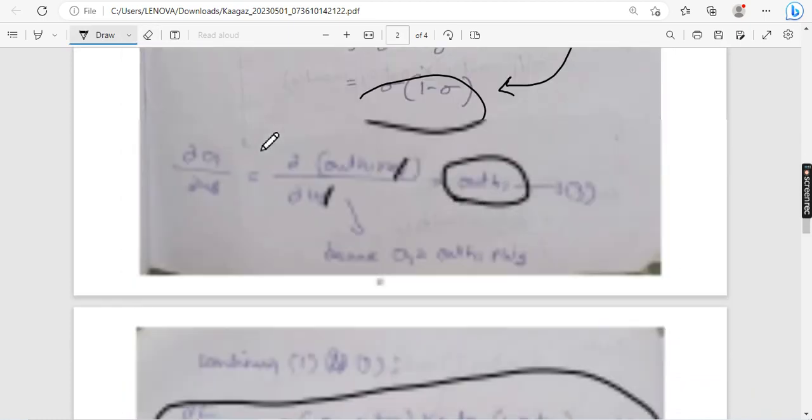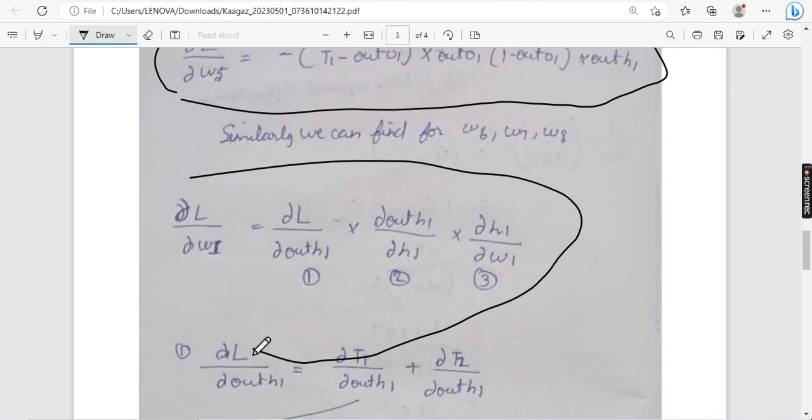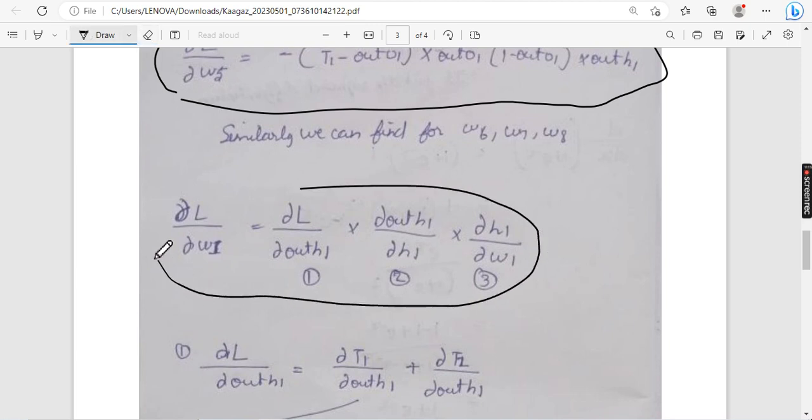For loss function with respect to W1, it can be written as derivative of loss with respect to out of H1, into derivative of out of H1 with respect to H1, into derivative of H1 with respect to W1. This is also basically a chain rule. So let's say this is 1, this is 2 and this is 3, okay?